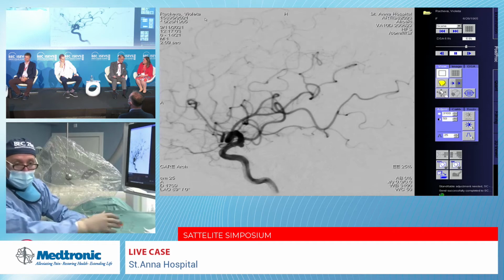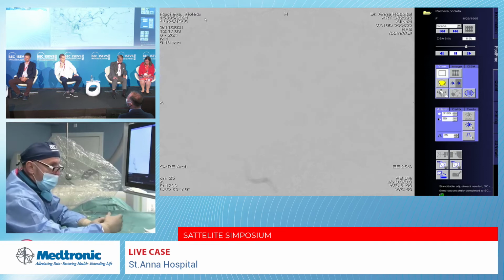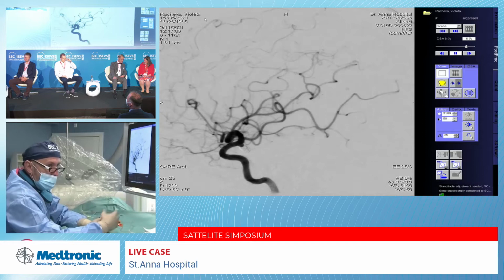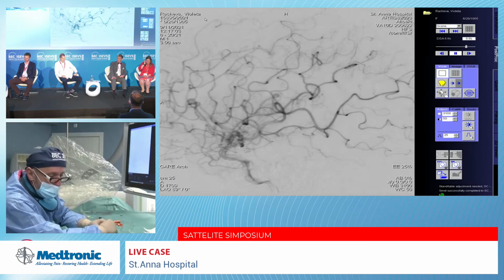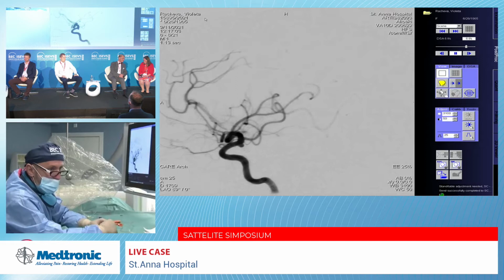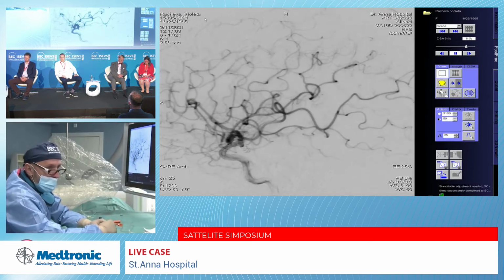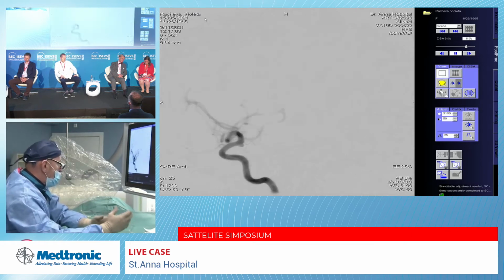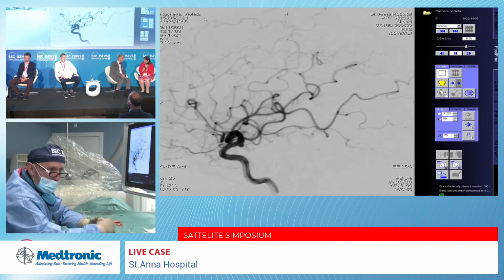Double antiplatelet therapy. For how long? For 6 months, double antiplatelet, and monotherapy for 1 year. Okay, just a question: is it written into the guideline or is it your practice? In most of the centers, they work with double antiplatelet. Okay, it's good to know. Now a couple of centers suggest 3 months. It depends on the center, and I don't know, Miro, in your center.